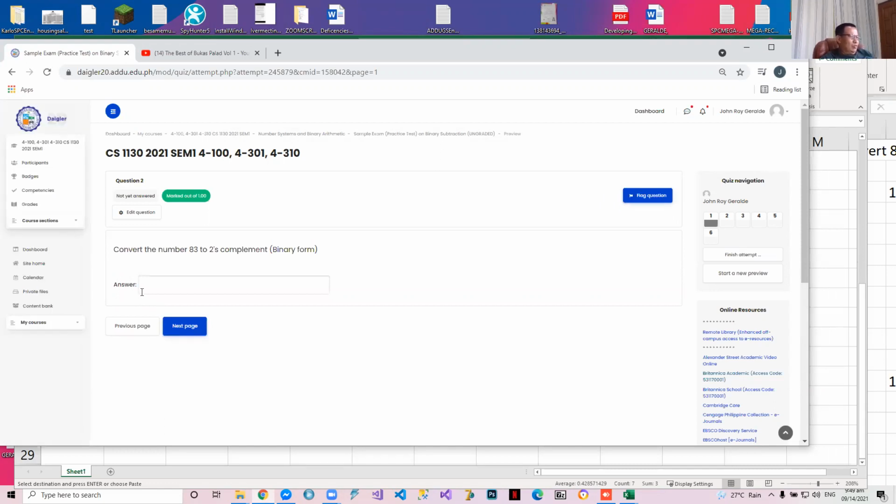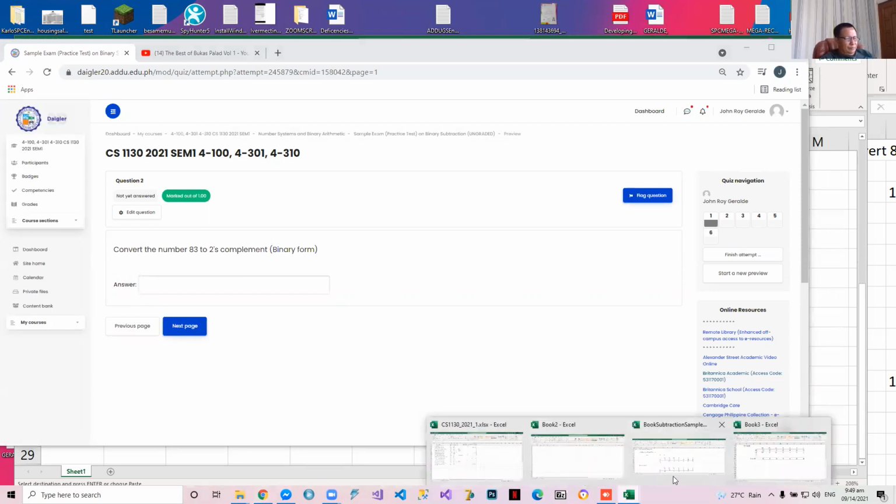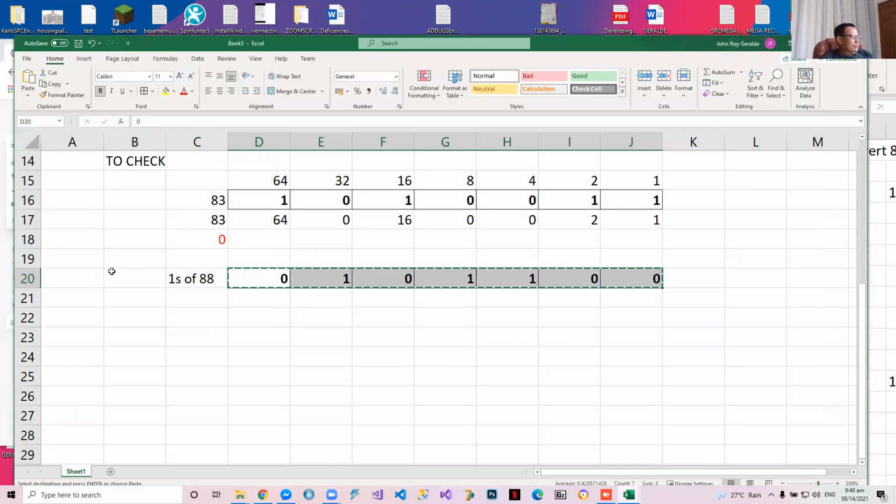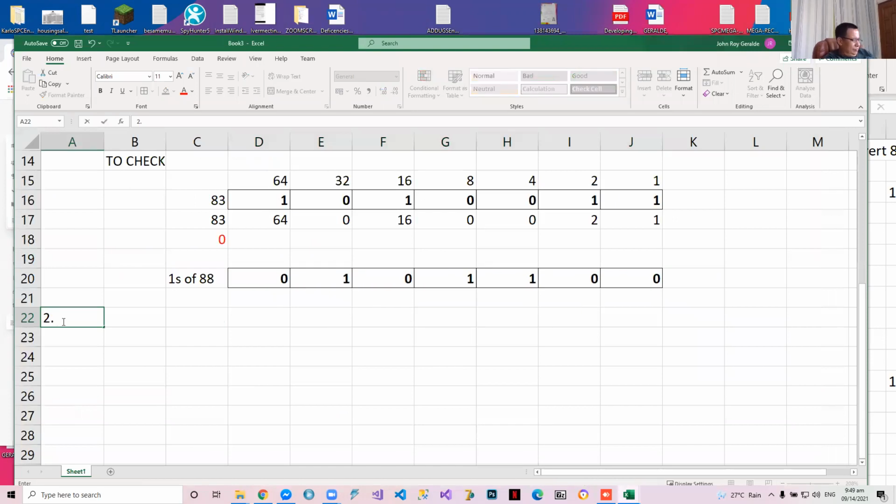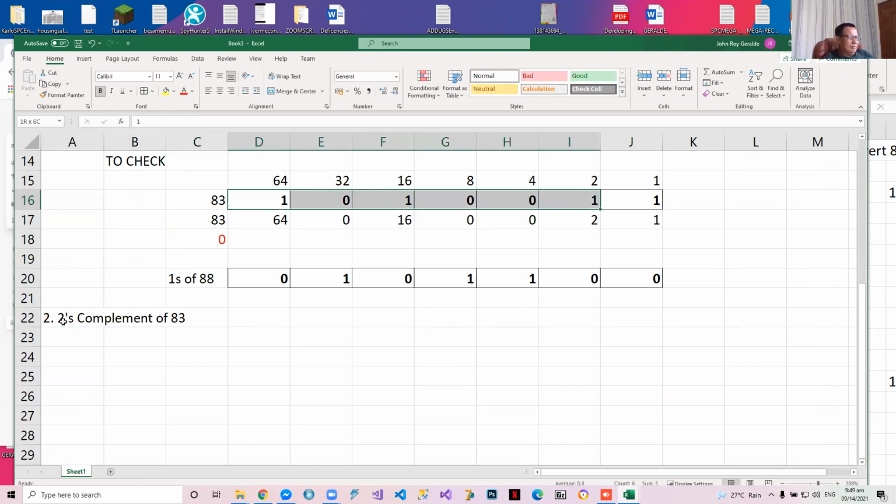Convert 83 to 2's complement. So what will we do? Number 2. We'll just add 1, no? This is our 8. This is 83. Just copy this.